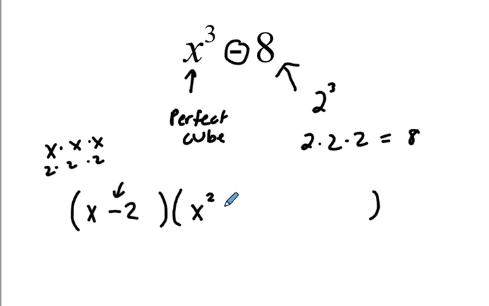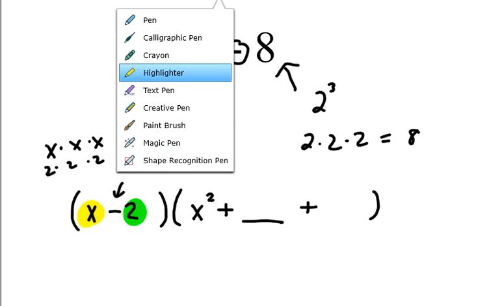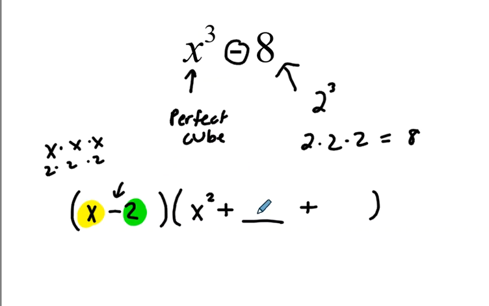This is same, opposite, and this one will always be positive. Now this middle piece is going to be the product of this one and this one. So 2x. Notice when I'm doing that, I'm not taking the positive or negative with it. I'm just taking the numerical piece. And then this last one here is 2 squared, which is 4.